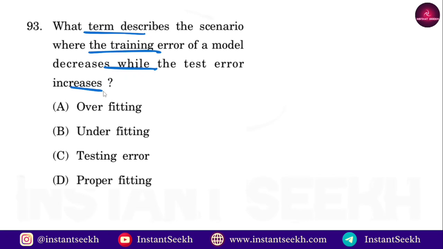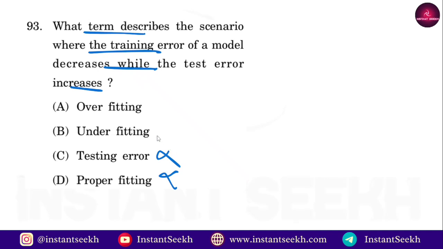Okay, listen carefully. Let's see the options one by one. Option D, proper fitting. Here both errors are low, so this is not the right option. Testing error is a metric, but it can't be described as a behavior. This is also the wrong option.